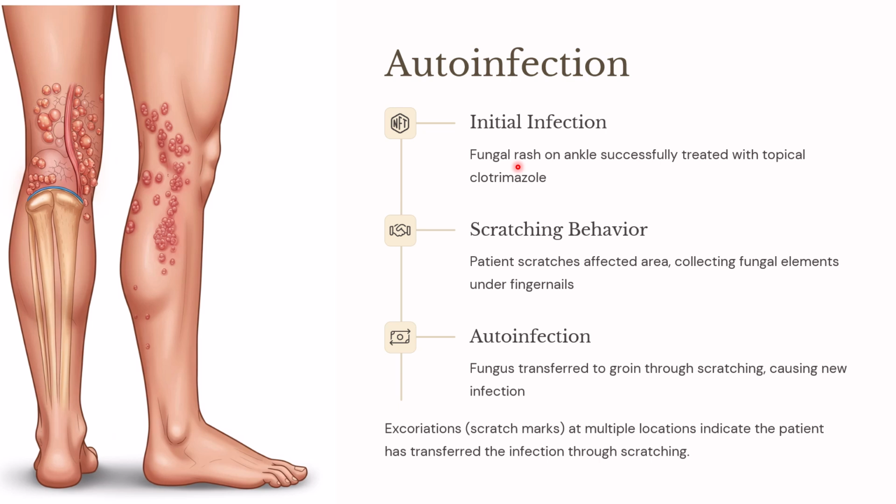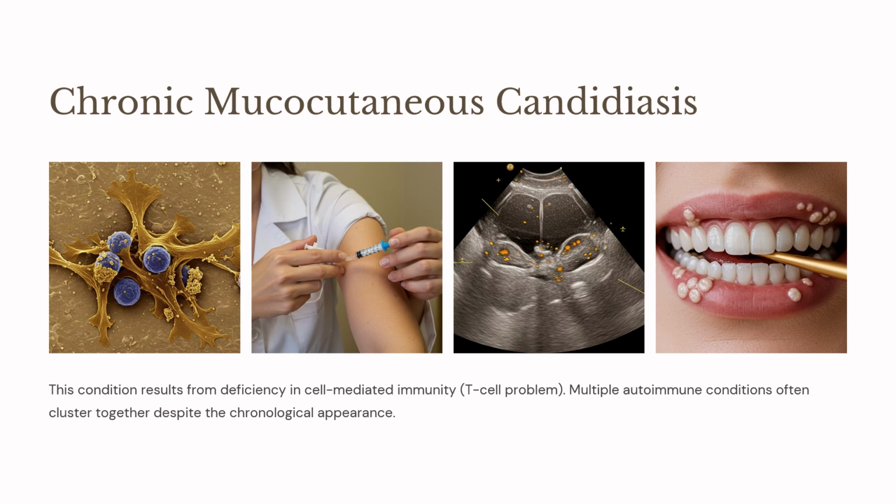Fungal lesions are generally excoriating, so there will be scratching behavior. The fungus that was already present and treated, even though it had subsided, was scratched by the patient, resulting in an auto-infection of the groin. That is the reason for the second lesion appearing at the groin, which looks similar to the first one, even though the first one was treated successfully. So the reason is auto-infection.